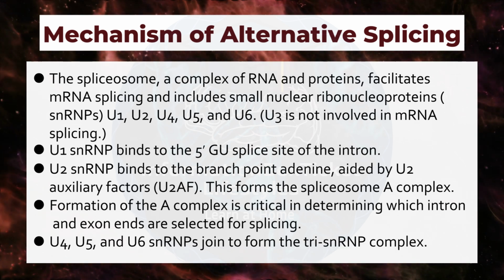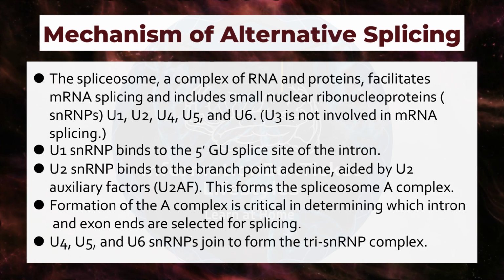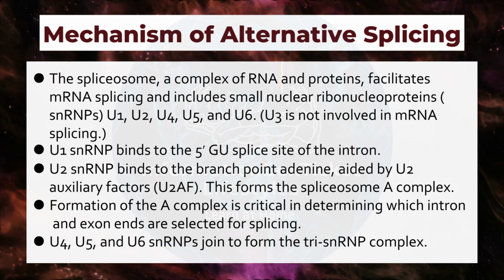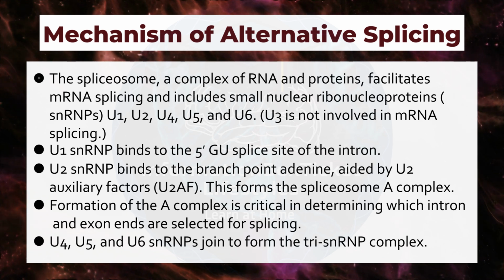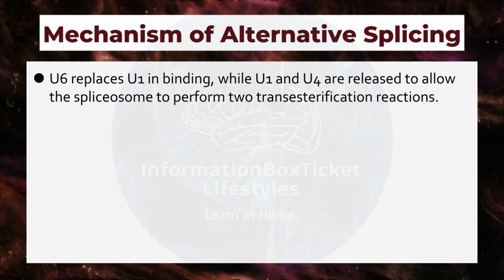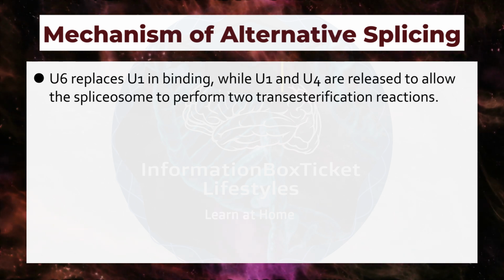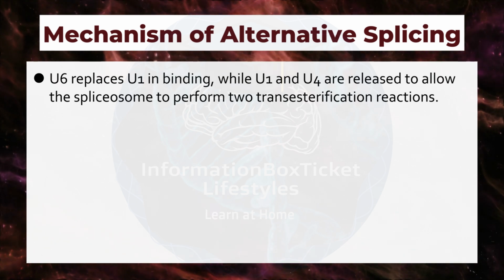U4, U5, and U6 small nuclear ribonucleoproteins join to form the tri-small nuclear ribonucleoprotein complex. U6 replaces U1 in binding, while U1 and U4 are released to allow the spliceosome to perform two transesterification reactions.